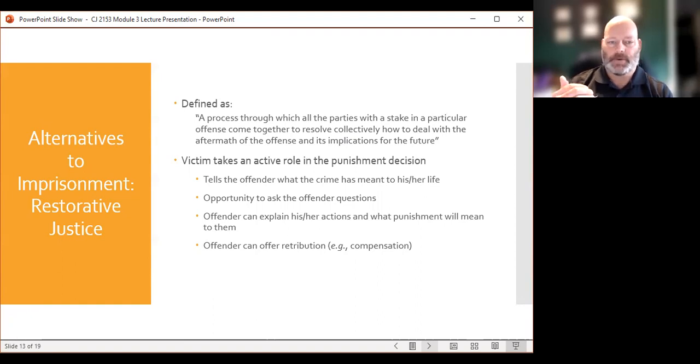The offender gets to hear from the victim what the crime has meant to the victim's life, and it provides the opportunity for the victim to ask the offender questions. Alternatively, the offender can explain his or her actions and what punishment will mean to them. And during this process of restorative justice, the offender can offer some type of retribution, like compensation.